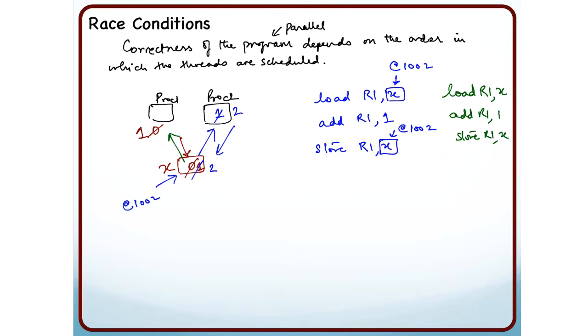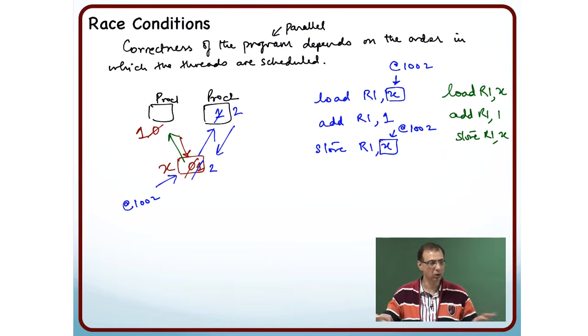Right? Everything is fine. So let's say I was trying to count the number of occurrences of, let's say, a word in a document, and I split the document between processor 1 and processor 2. Each one of them was counting their own words and updating, right? So this is, let's say, the number of times that the word exams appeared. Processor 1 saw the word exams once, so it tried to update the variable x, which is the location keeping track of the number of times that the word exams appears.